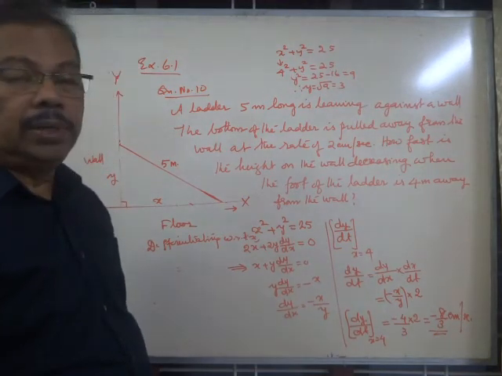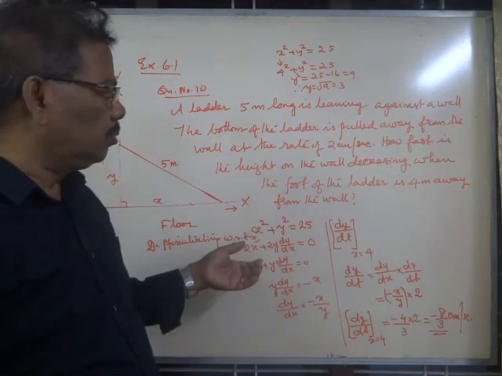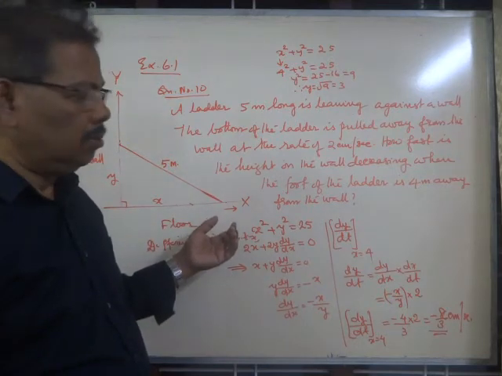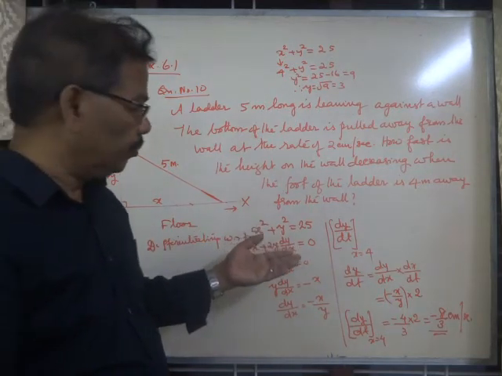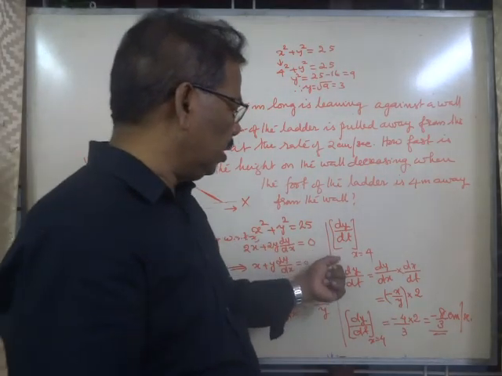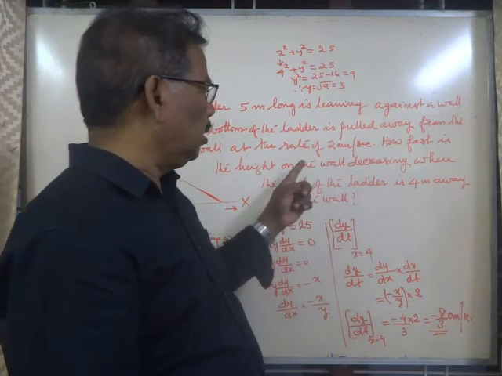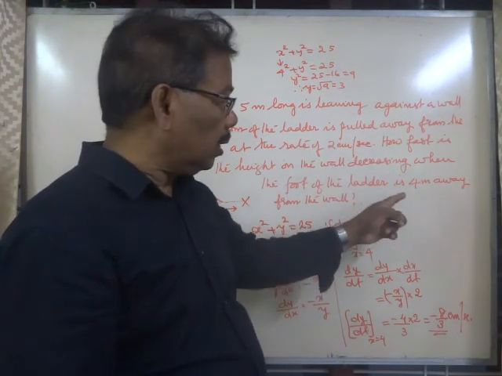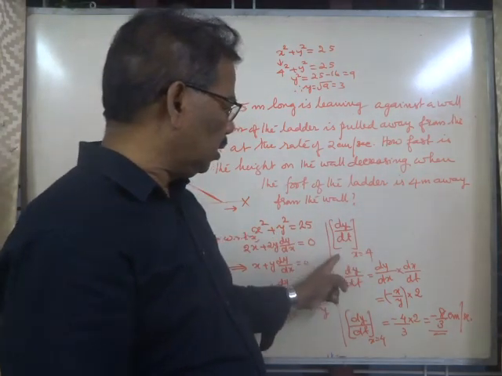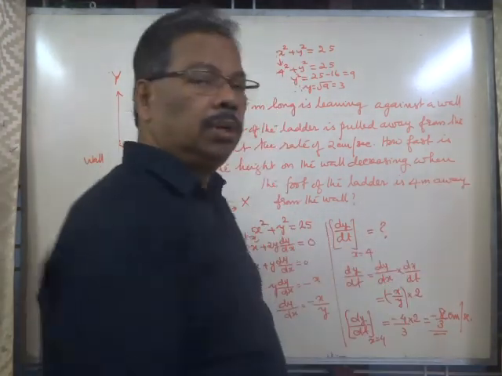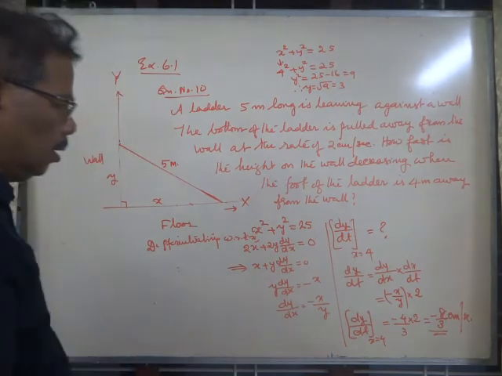And we are asked to find the rate of change of height with respect to time. That is dy by dt, and dy by dt at x equals 4.